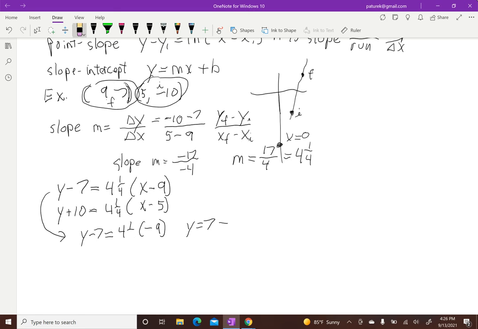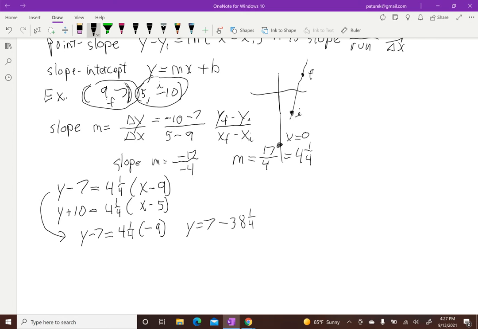I see I wrote 1/2. I was just testing you to see if you were paying attention. 4 1/4 times negative 9 is some messy value. 4 times negative 9 is negative 36. Negative 36 plus a negative 9/4 would be negative 38 1/4.